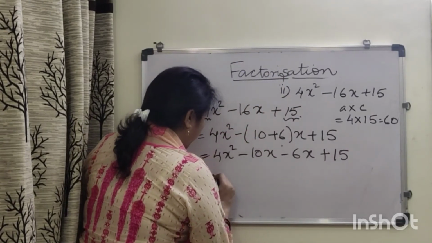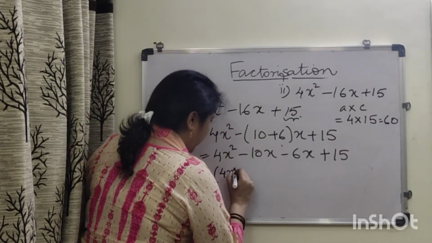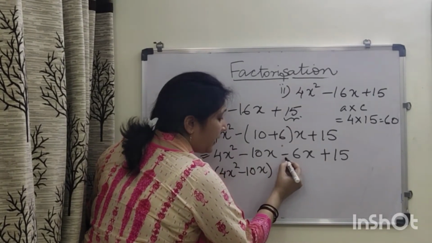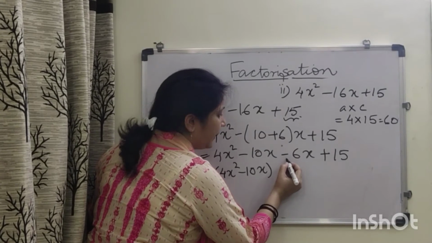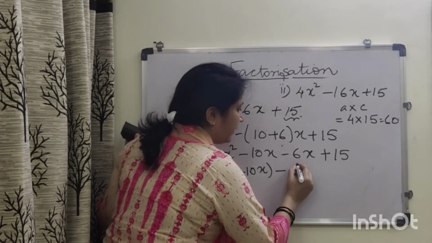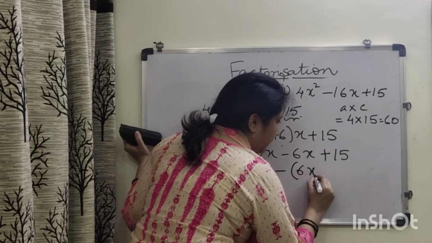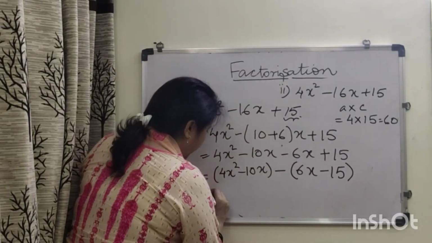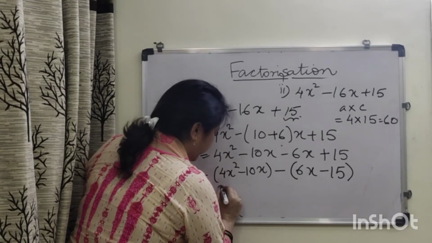Now we group the terms, 4x square minus 10x, and here if you see carefully, this second sign is negative. So if you take minus out, the sign inside the bracket gets changed. Now take common. Here you can take 2x as common.